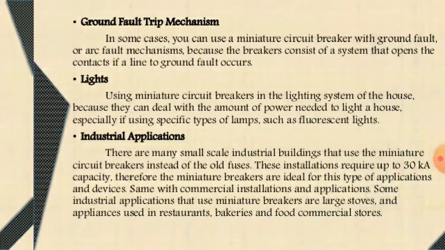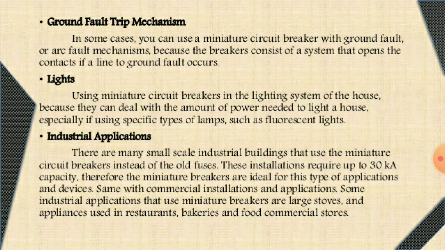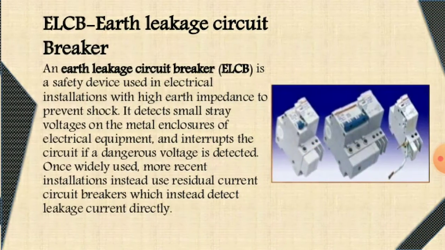This is also used for detecting ground faults, and it also detects lightning faults. And in home appliances as well as in industrial applications, we are using it in the offices, we are using it to protect the motors, mixers, grinders, heaters. Any home appliances can be protected by using MCB. So this is the whole thing about MCB.